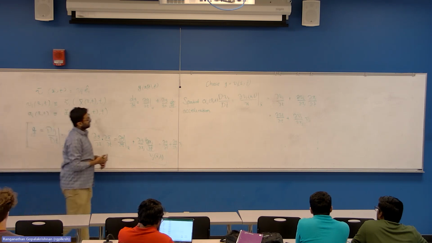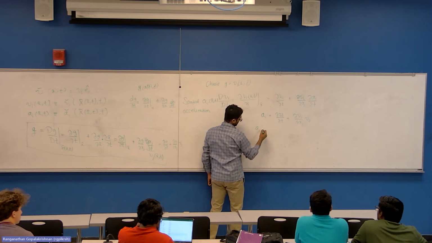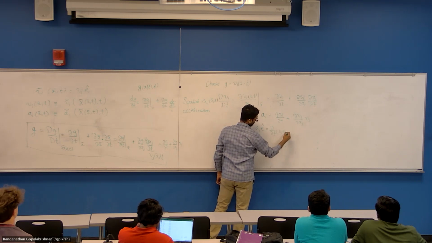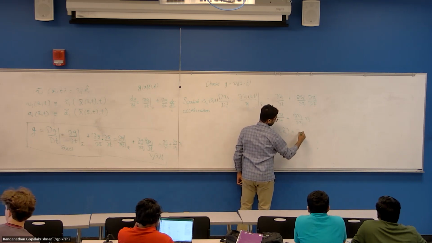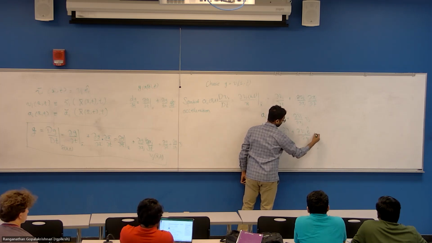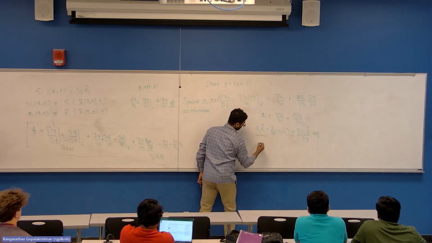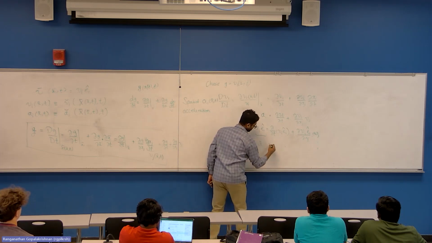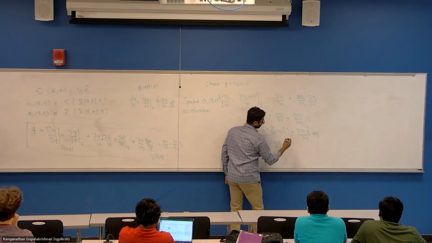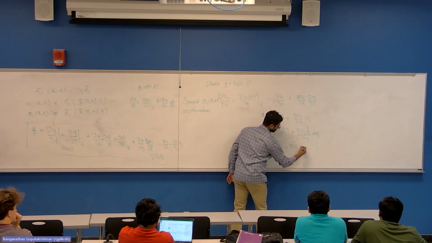So if I write Ai is this, and if I multiply by Ei cap on both sides, I'm starting to go towards a vector A, the spatial acceleration vector, equal to partial V over partial T plus, I'm going to call this velocity gradient dot velocity.